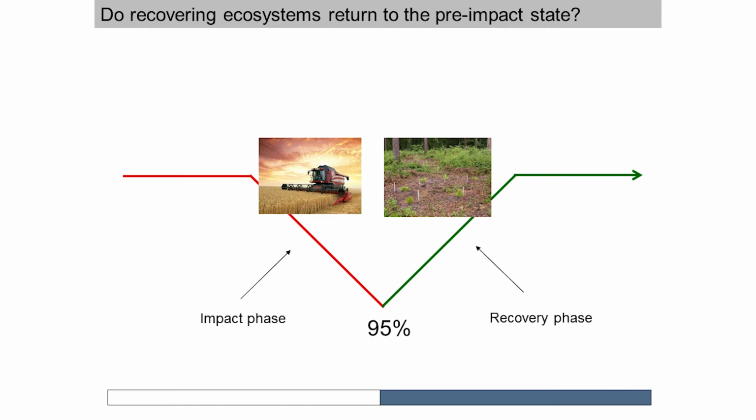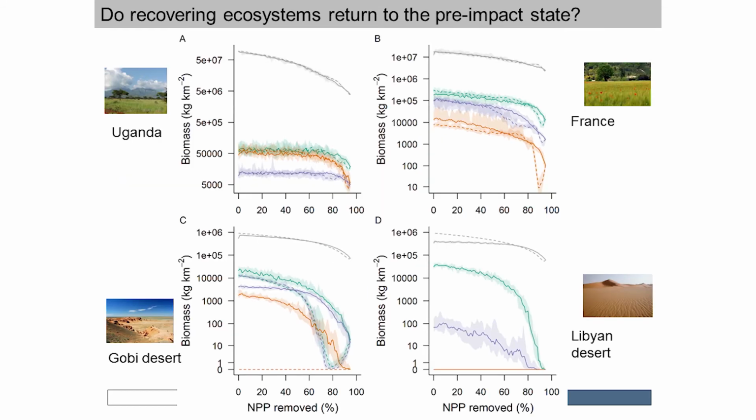And what we're showing here is, for those very same locations, the trajectory of biomass, where the solid line is this outward component. So the solid line is when we're going up in perturbation, and the dashed line is where we're going down in perturbation. And so for the Ugandan cell, we see actually we return to approximately the same levels as the initial conditions, whereas for France, we see a small deviation.